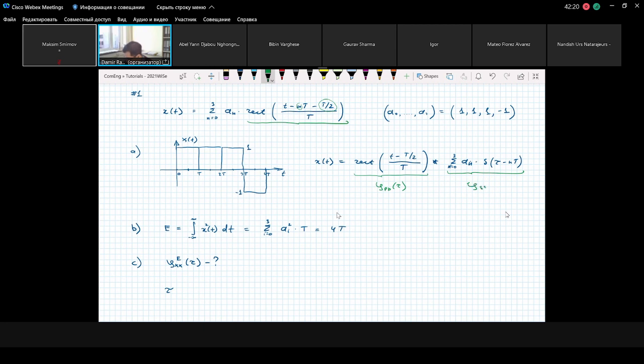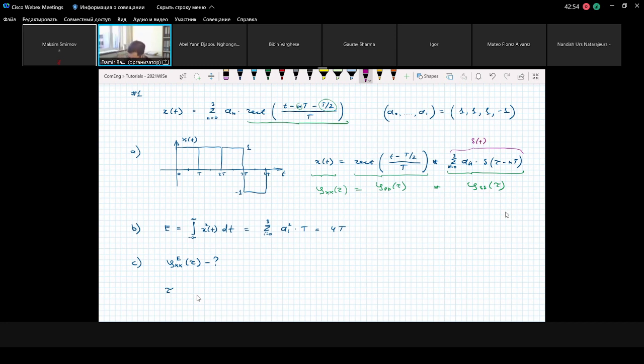And then we calculate the resulting autocorrelation function as the convolution between the two autocorrelation functions. So let's find the autocorrelation function for this part that we can denote as delta of t.